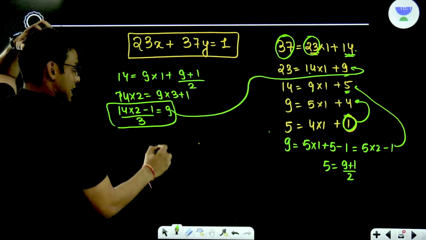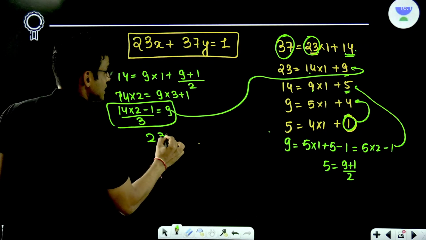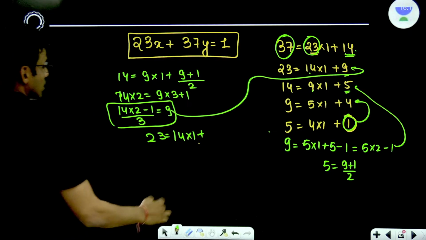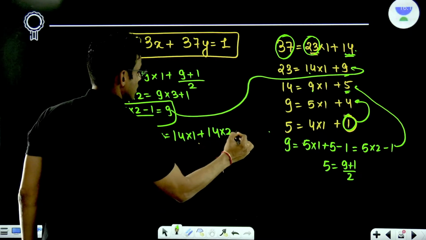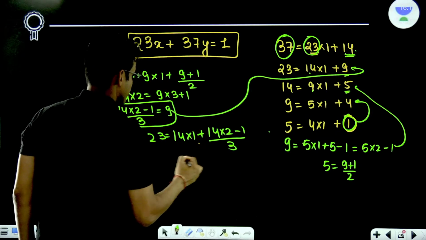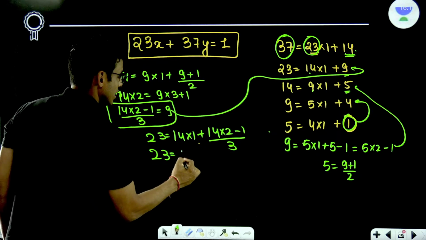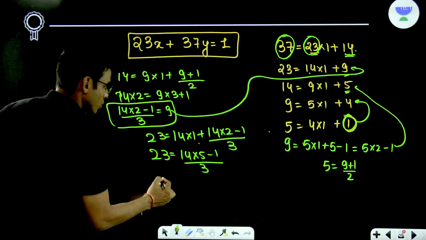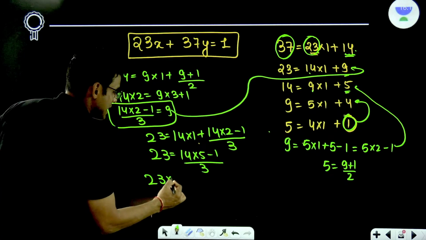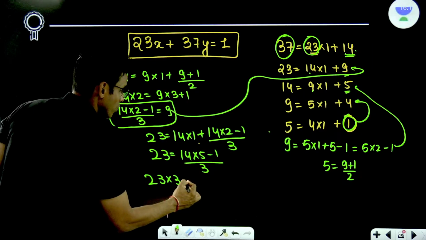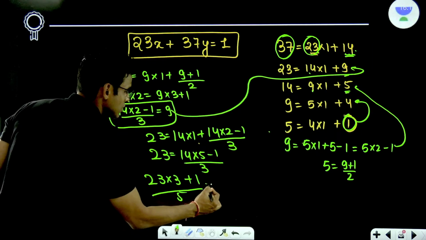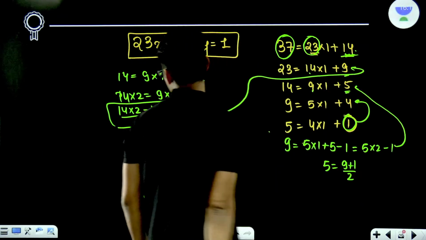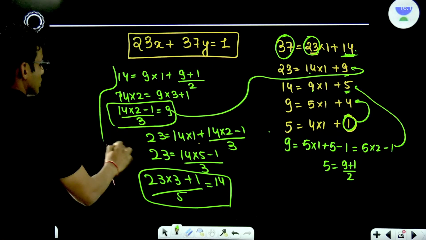Okay, so let's write it down: 23, 14 times 1, 14 times 2 plus 1, 14 times 5. From here we are getting 23 times 3 plus 1 upon 5, because 14 was the last value we needed to get removed. Let's write it down here now.